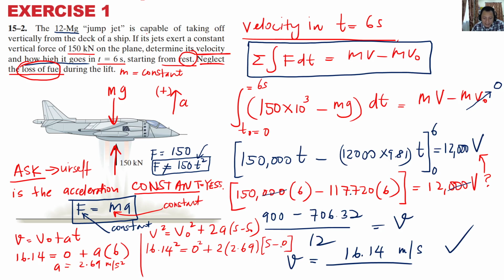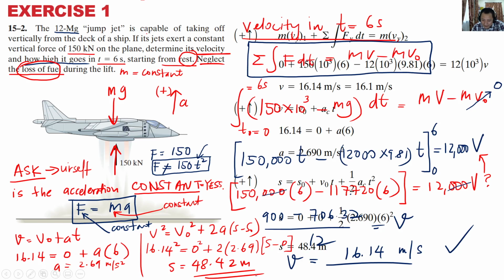Originally at rest. So if you solve this one, you get 16.14 squared divided by 2 times 2.69, which is 48.42. So S is equal to 48.42 meters. Is it correct? 48.4, correct.